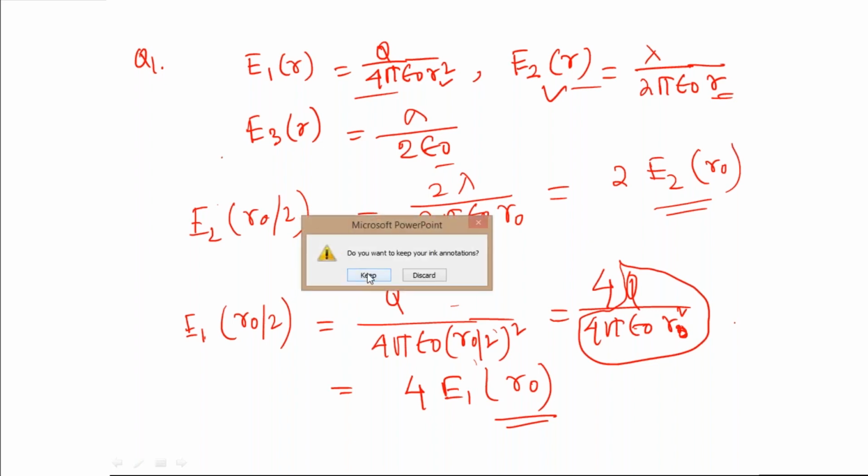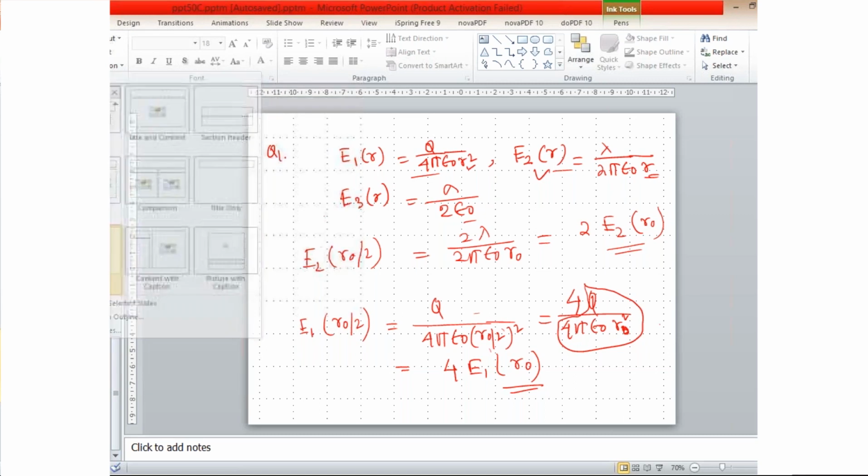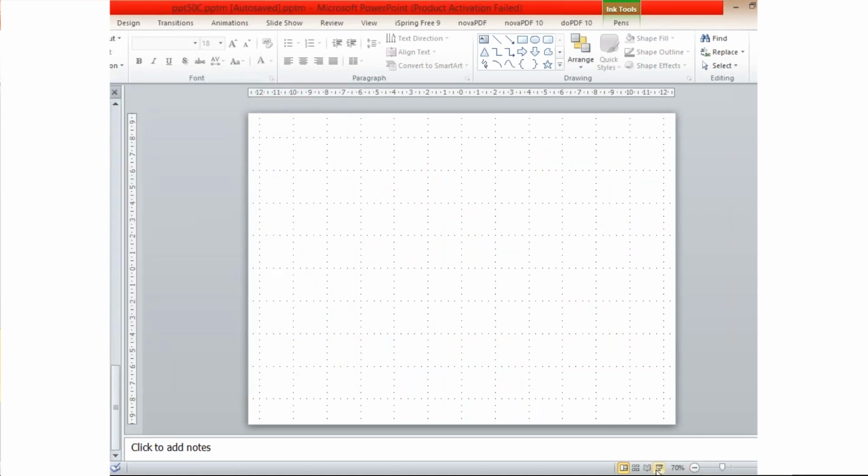So, electric field: how do you get the electric field at any distance r due to a long charged wire?